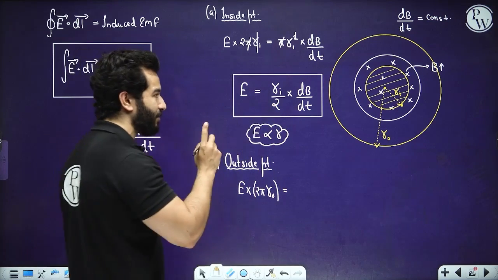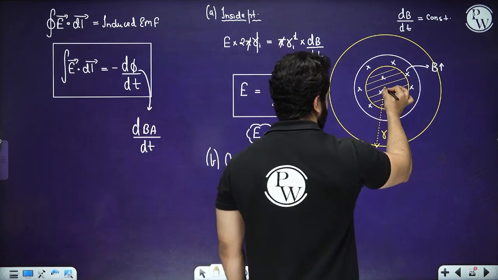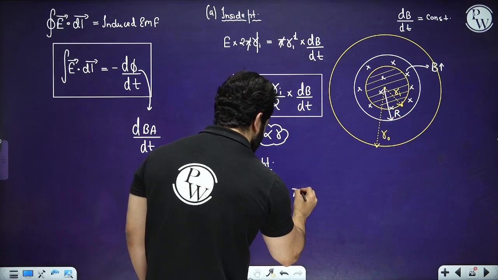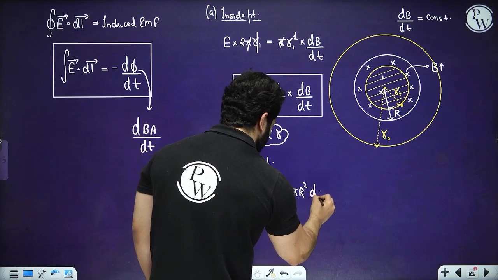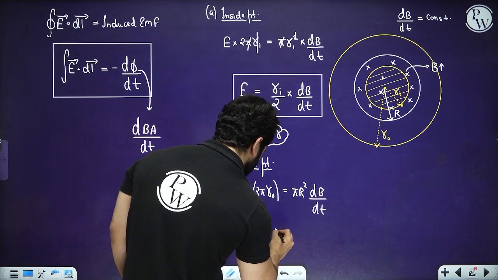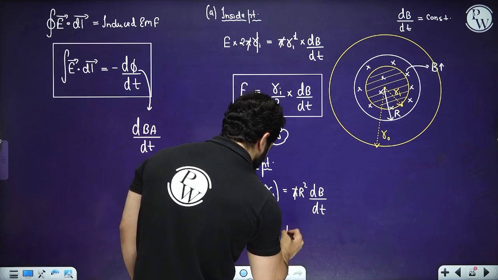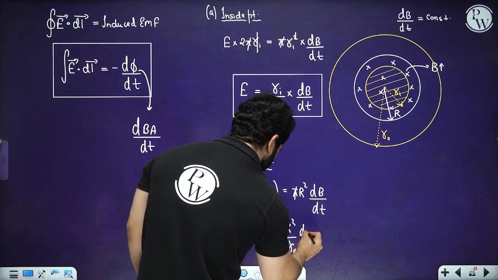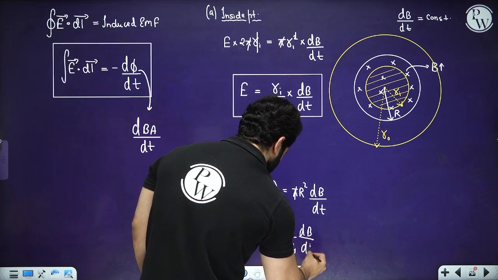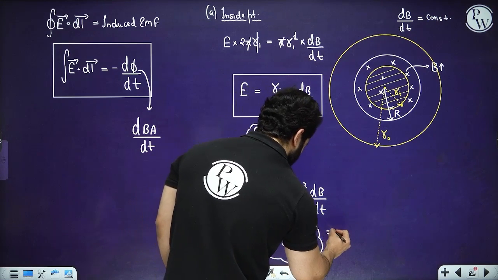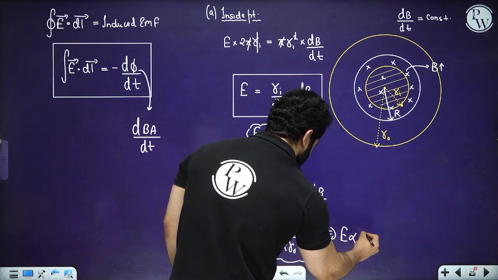Now the area can be maximum, let's suppose the radius is capital R. So that would be pi R square dB by dt. So you will get E as, pi can get cancelled out, R square upon 2 R_O dB by dt. So from here also you will get that E is inversely proportional to R.